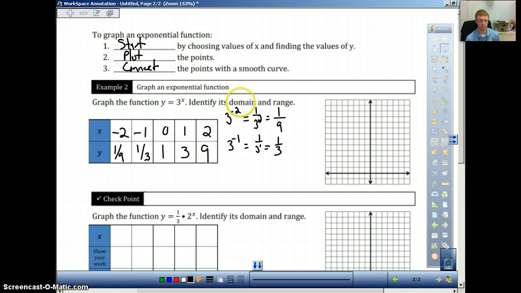And then all we need to do from there is start plotting our points. -2, comma 1/9. So somewhere right around here. -1, comma 1/3. So a little bit higher than that. 0, comma 1. 1, comma 3. And 2, comma 9.